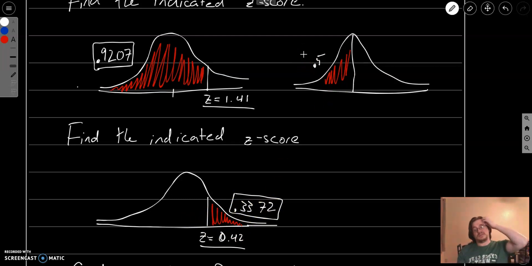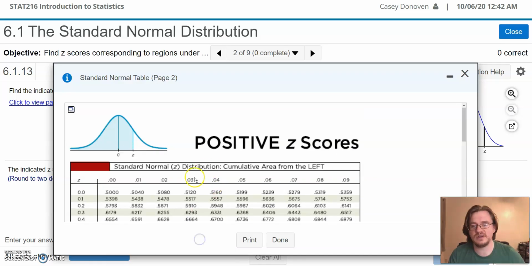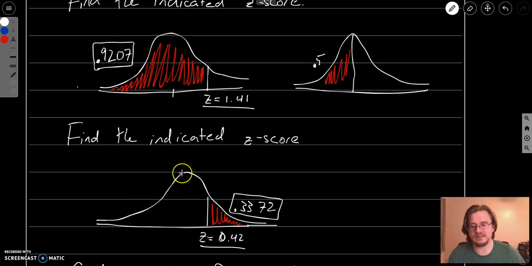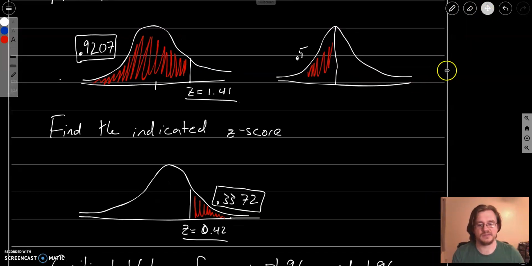Likewise, down here, I can try to find this area, which is 0.3372. The thing is, these tables only describe areas to the left. And when I look at this graph, this area is to the right. So off the bat, I can't use that table directly. I'm going to have to do a little trick.